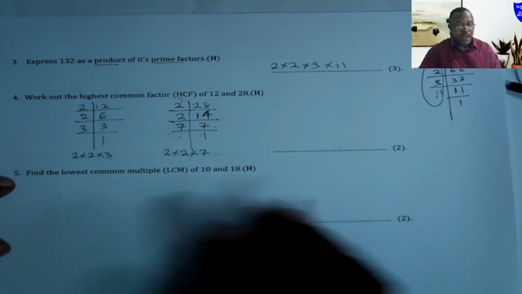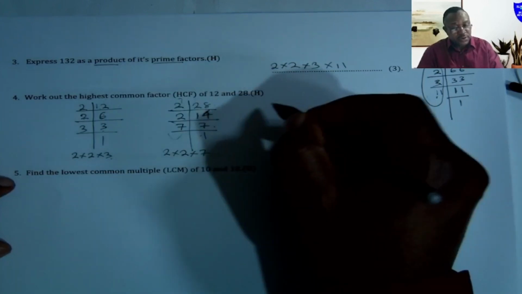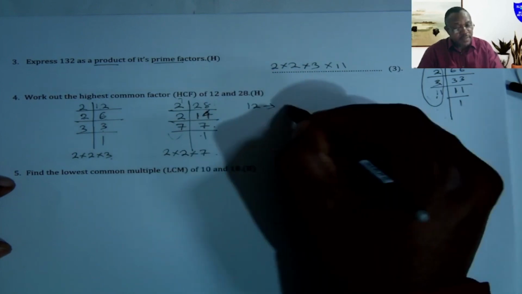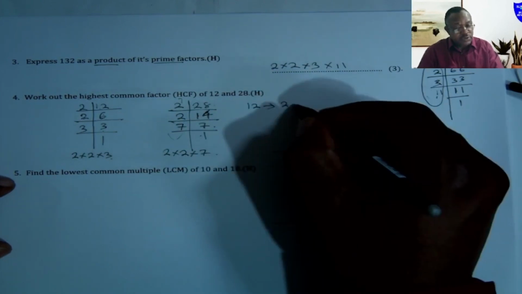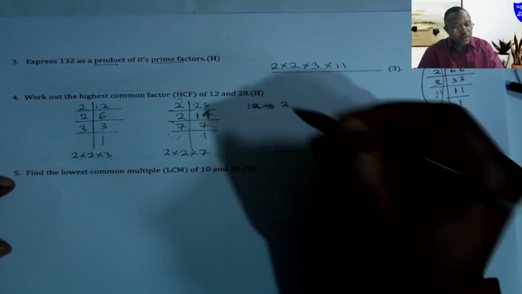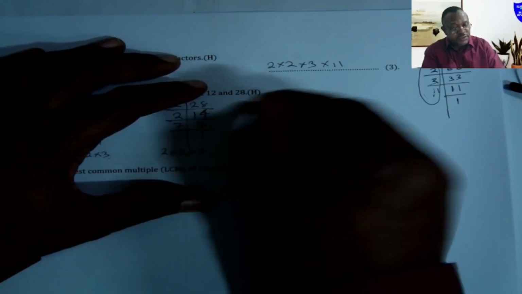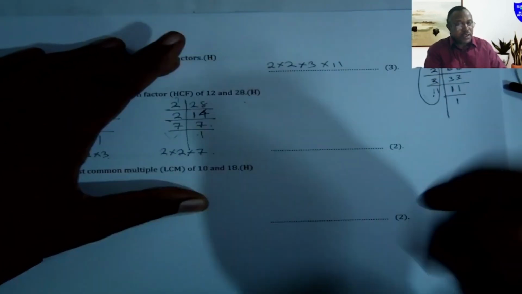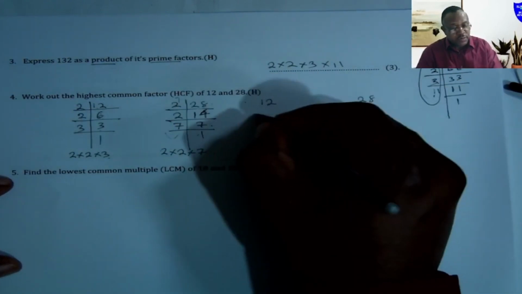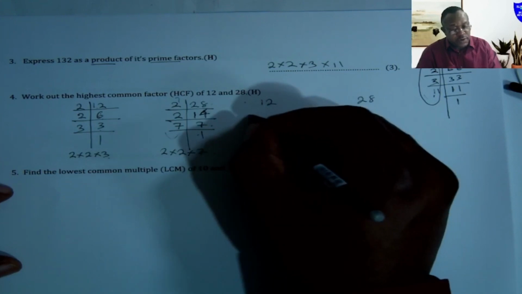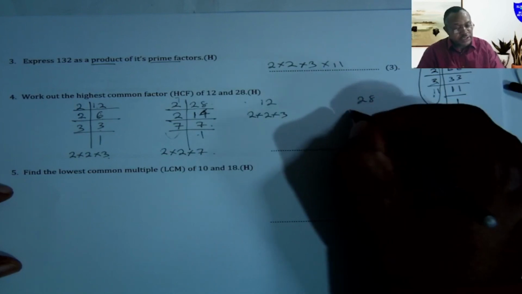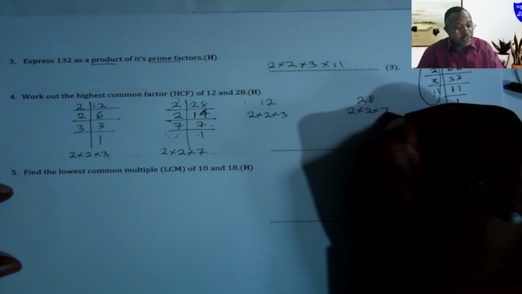Now after having done that, guys, let me write it properly for you to see clearly what is going on here. I have 12 there and I have 28 here. Prime factors of 12 are 2 by 2 by 3, and prime factors of 28 are 2 by 2 by 7.